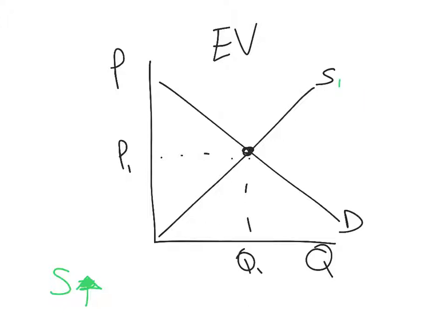So with supply increasing, supply shifts to the right, supply plus subsidy. So they're going to produce a greater quantity at lower prices to consumers. So certainly with more factors of production, they can produce more, and that lowers the price that the buyers have to pay for electric vehicles.